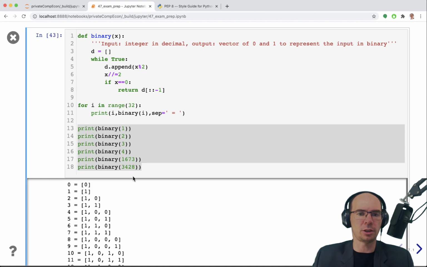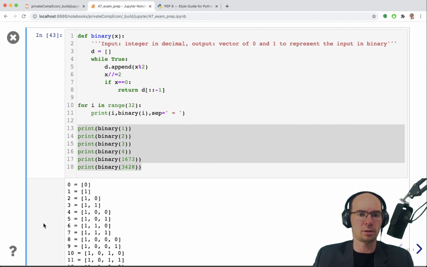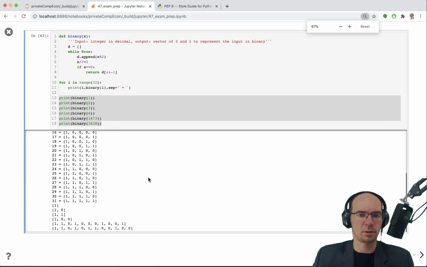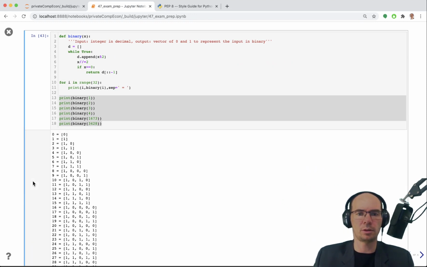Okay, so this is the check for the code. 0, 1, 2, 3, 4 is 1, 0, 0. Yeah, that seems to be okay. And it should end at all ones for 31. That's right. 2 to the power 5 is 32, so 31 is expressed in 5 digits. And here are some test cases. All right.